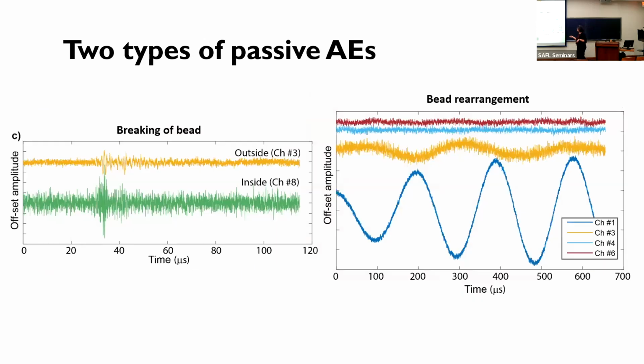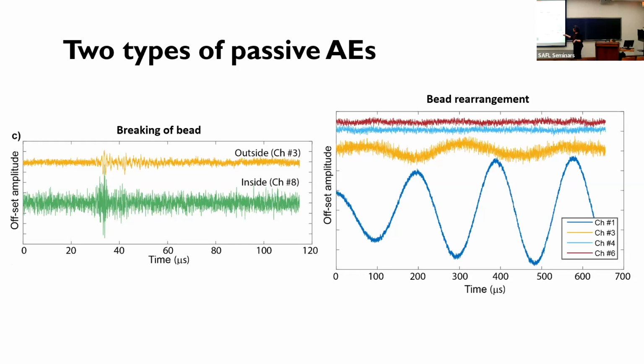And this is what we can observe. We get 2 different types of signals. One is this one here. This looks fairly similar to this very first example of the actual breaking of the bead. We have again time on the x-axis. The green signal is recorded within one of these tiny hydrophones that are in one of these orbs within the experiment. And the yellow signal is recorded on the outside.